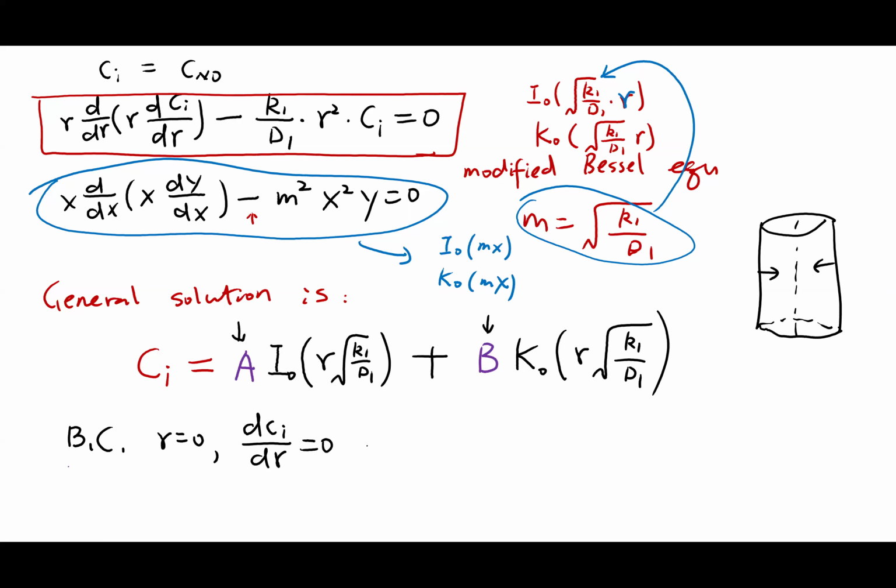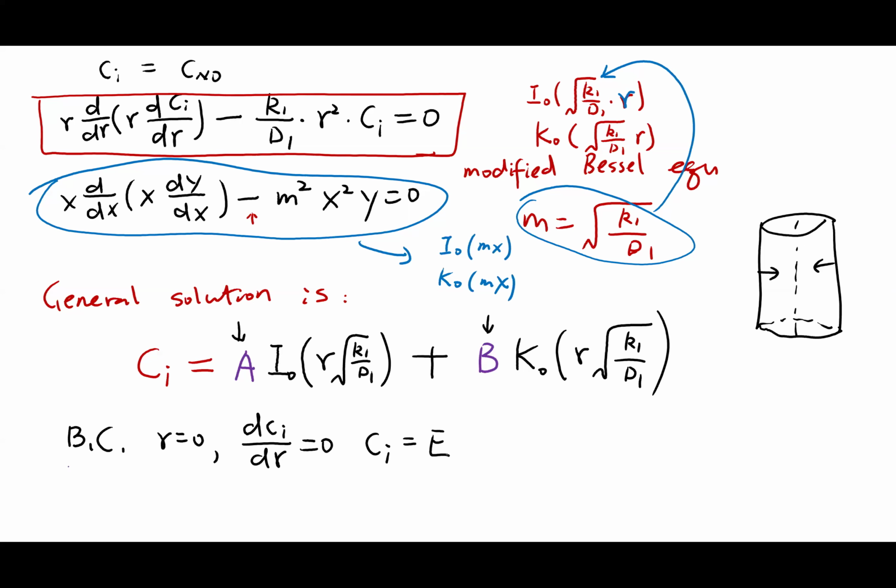That means Ci is equal to a definite number, let's say that number is E. Based on this, we can determine A or B.